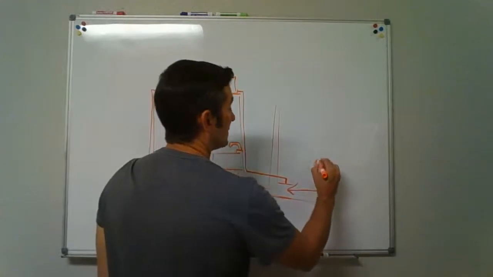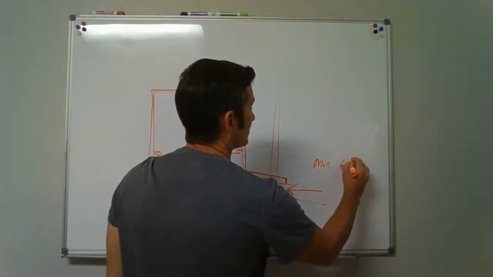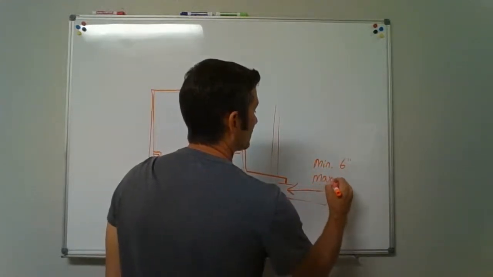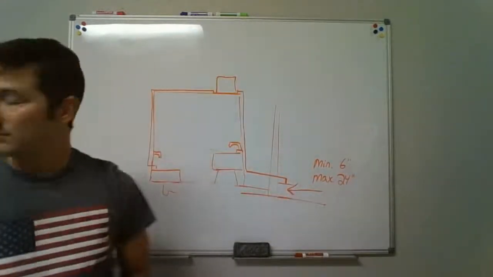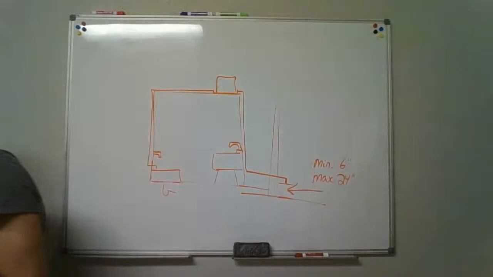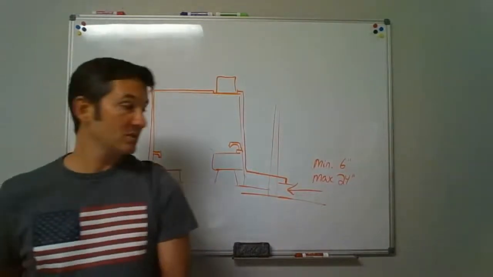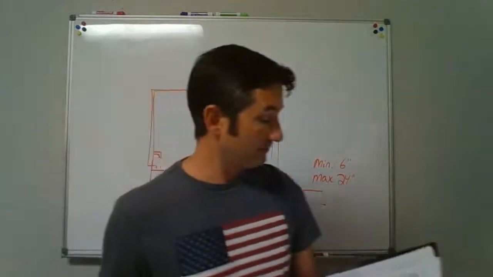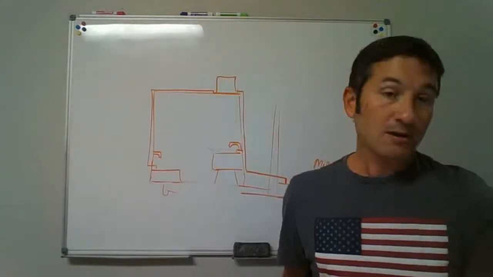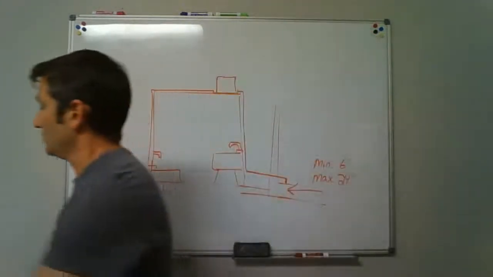The minimum was 6 inches, and the max was what? 24, right? Yes, that is correct. Between 6 inches and 24 inches is what you've got to have that thing discharge at. Okay, there you go. That was for chapter 5.